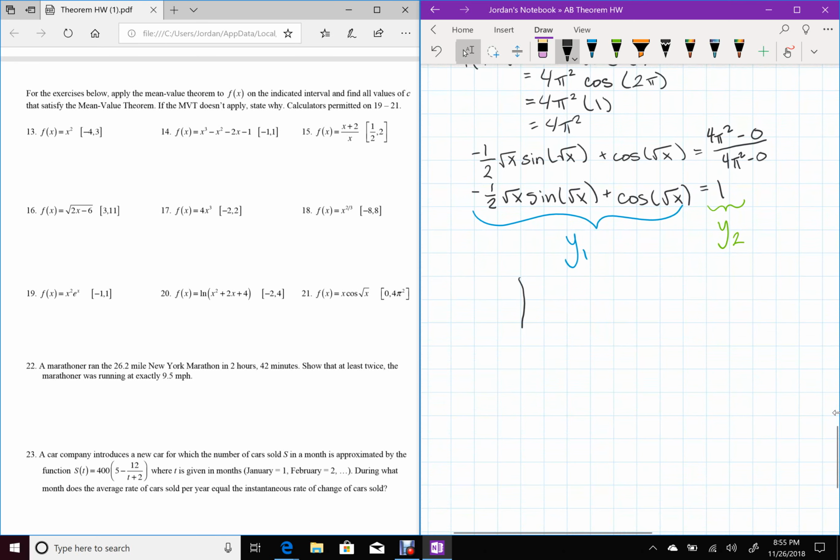And what I'm looking at starts on the axis and then decreases, and the y2 just happens at 1.